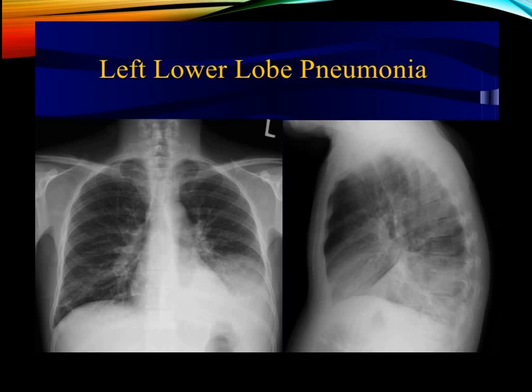So this is a left lower lobe consolidation, mostly due to pneumonia. If we take the lateral chest X-ray, we notice that the lower dorsal spines look more opaque, meaning whiter, than the upper dorsal spines, and this is normally not what we see. Normally in the lateral chest X-ray the lower dorsal spines should be more translucent than the upper dorsal spines. Whenever this sign is reversed, it means we have pathology in the lower lung lobes.